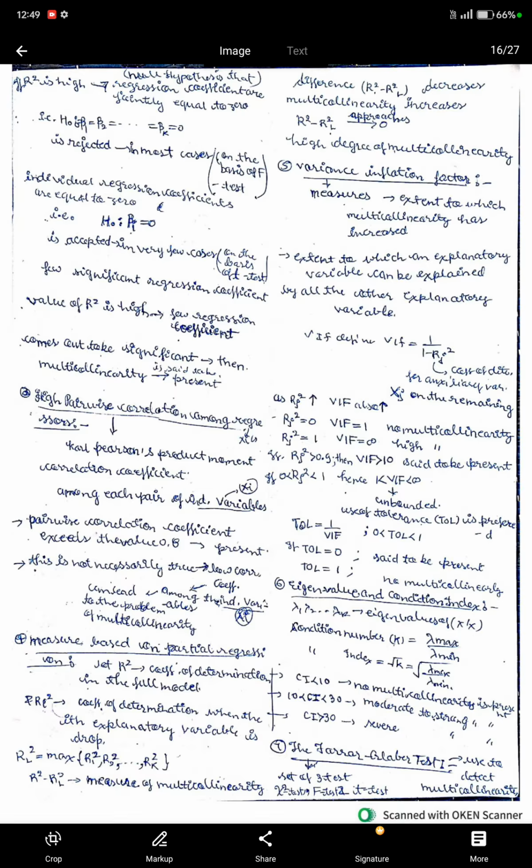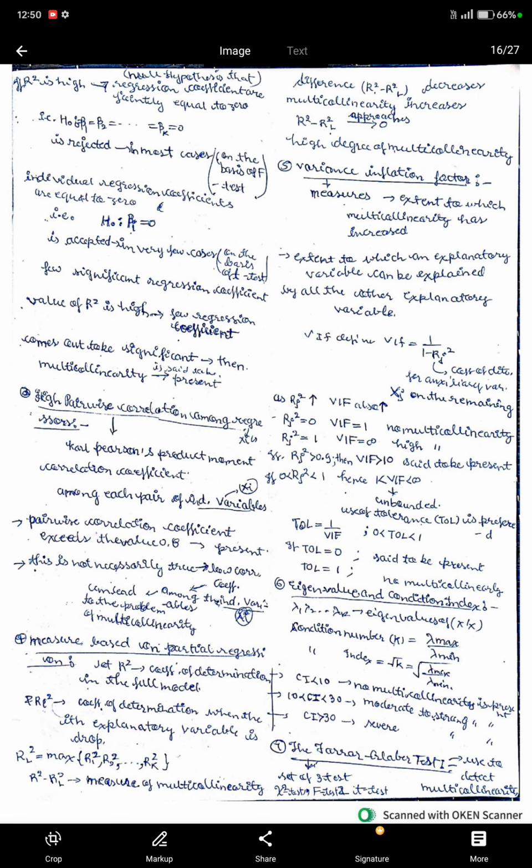If the pairwise correlation coefficient exceeds the value 0.8, then there is presence of multicollinearity, and this is not necessarily true for low correlation coefficients. Low correlation among the independent variables can also lead to the problem of multicollinearity.